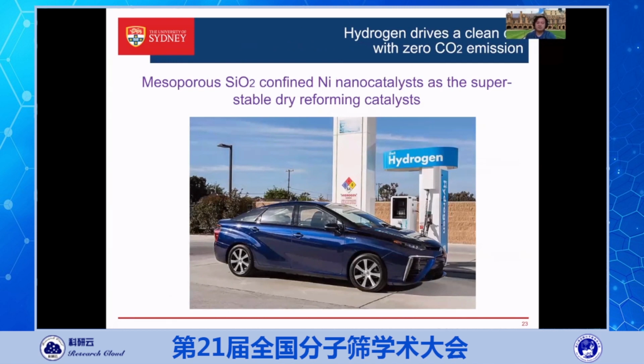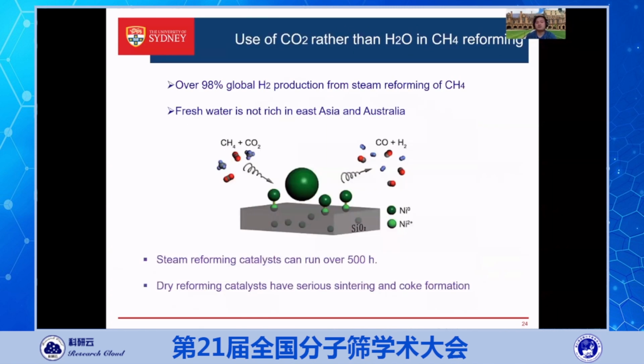So this is a bio-oil biorefining process. Then we talk about how very strong stability can be realized by mesoporous materials, like confined particles, for some important reactions like dry reforming.